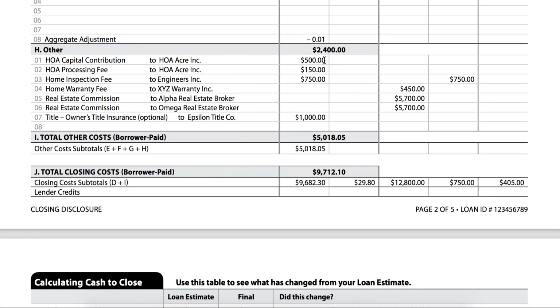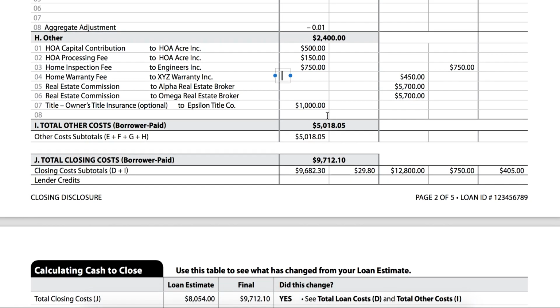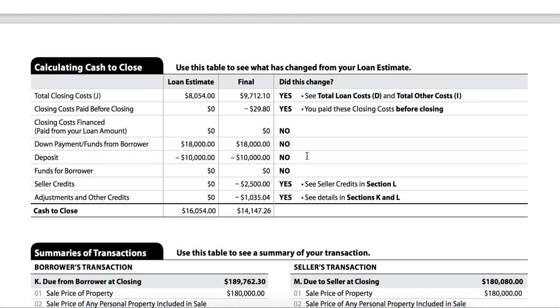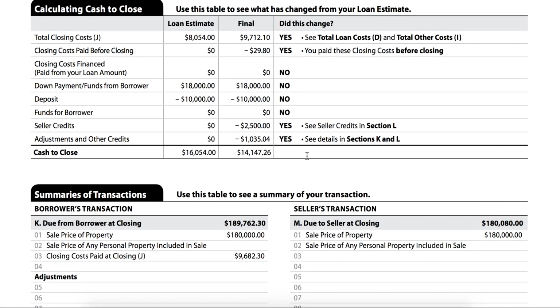If it is an HOA or a condo and there's any initial condo fees or HOA fees due, you'll see them here. Any home inspection fee that's still outstanding, any home warranty, then you've got another subtotal, and then the grand total.